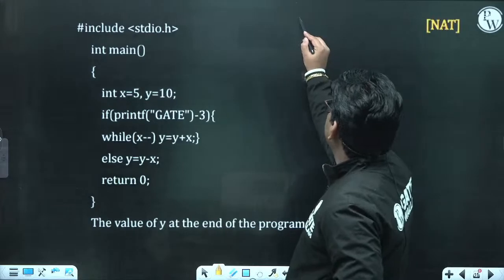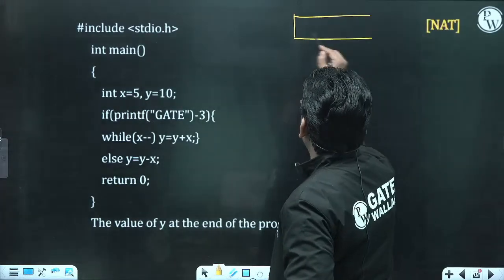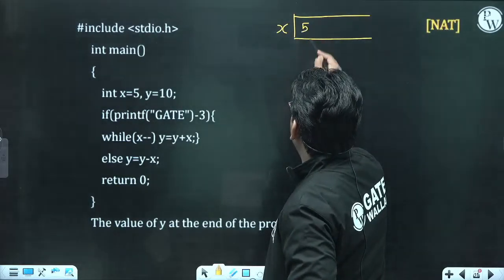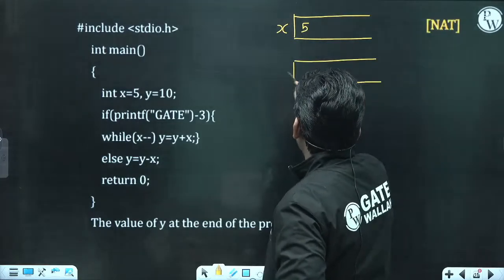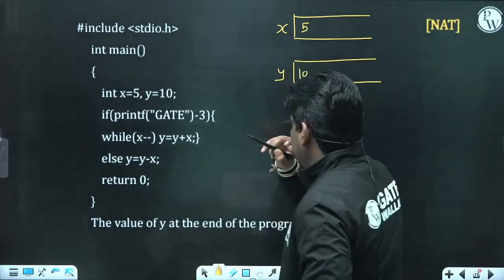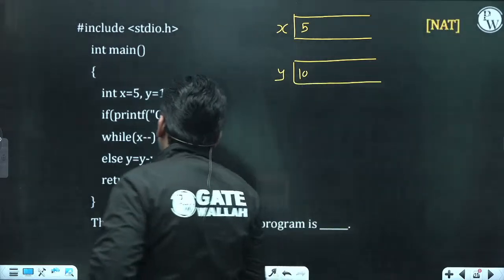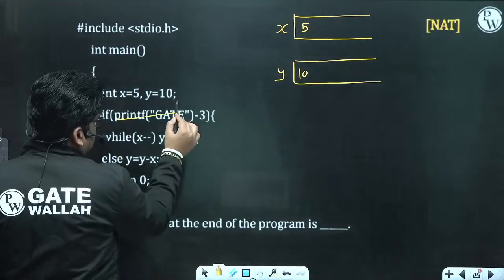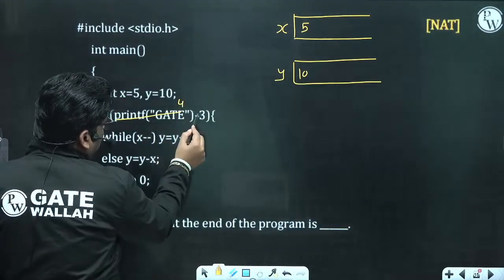Sir, the initial value of x is 5 and the initial value of y is 10. Okay. See, printf gets the value 4. 4 minus 3 is 1.